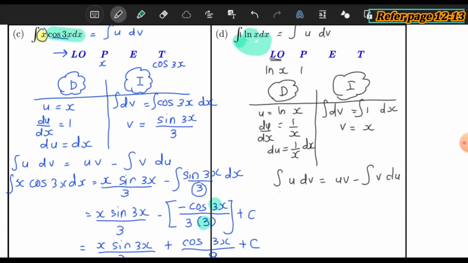For this question, we have integrate ln x dx equal to uv. X ln x minus integrate v is x, du is 1 over x dx.